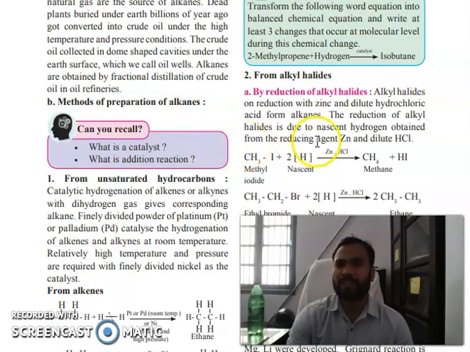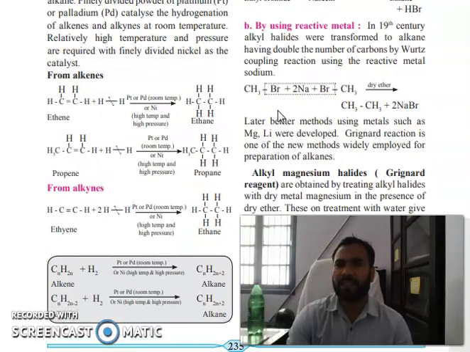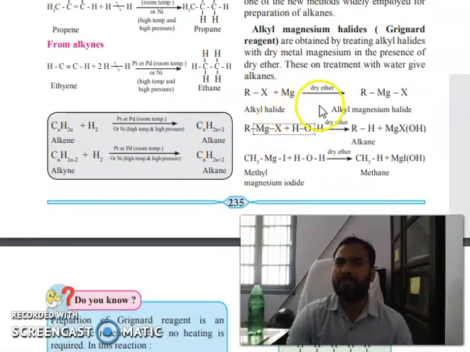There are many methods of preparation. From alkyl halides, you can make methane, ethane, like that. By using reactive metals, if you have alkyl halide and reactive metal like sodium, two molecules of methyl bromide will give ethane. And alkyl magnesium halide, this reagent is a very renowned reagent, Grignard reagent.